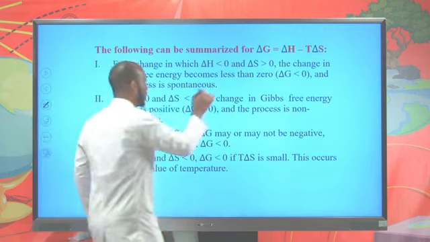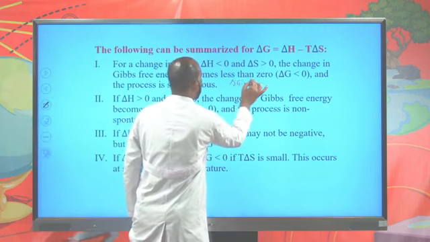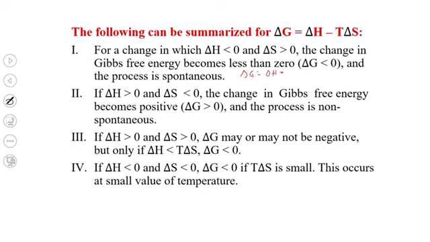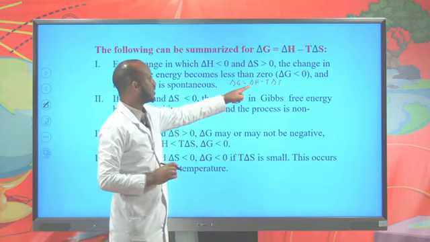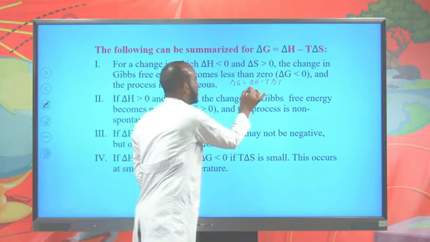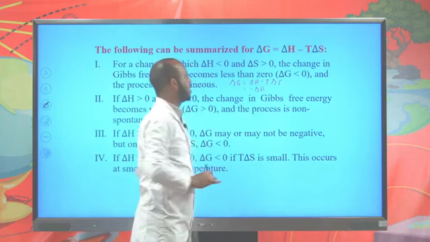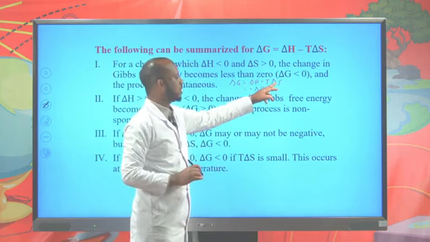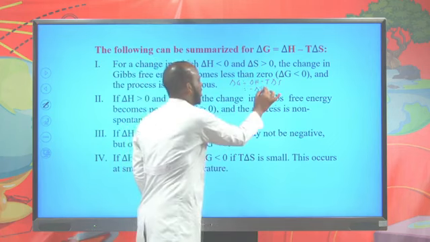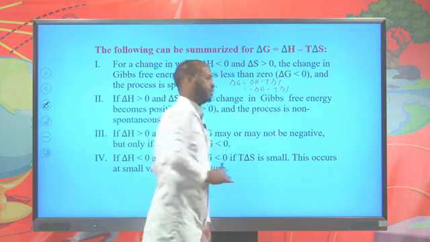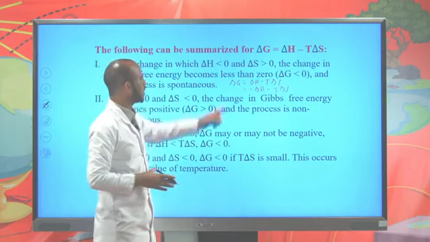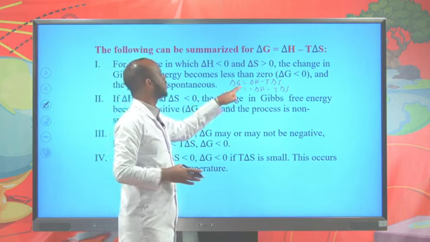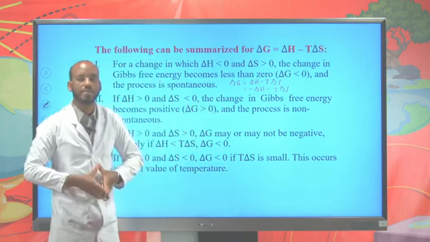Here delta H less than 0 is negative, so we have negative delta H. Delta S greater than 0 is positive, and positive times negative is negative, minus T times delta S. Negative plus negative is always negative. Therefore, the Gibbs free energy change delta G is less than 0 for all temperatures.